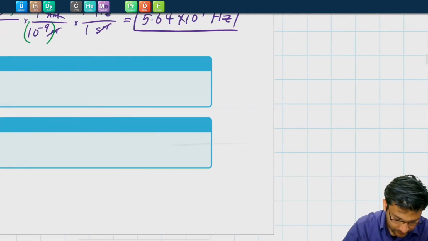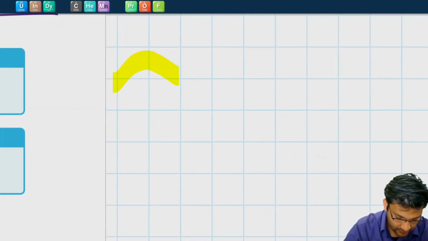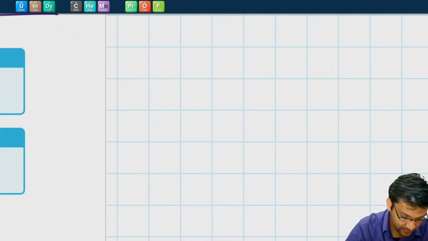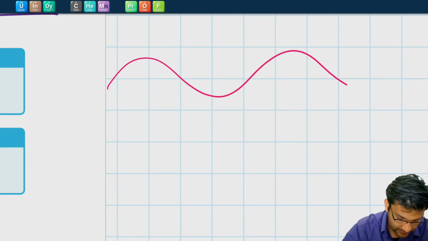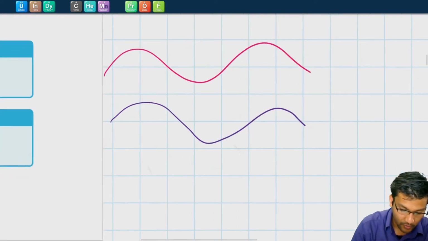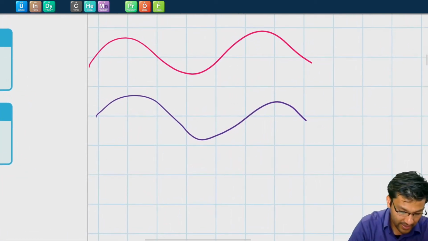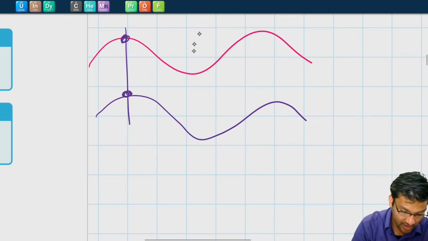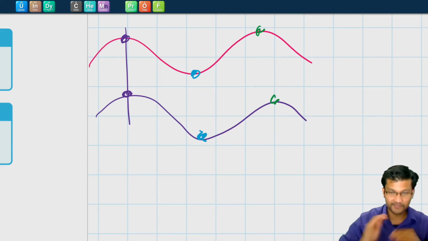So we're going to have one wave. Let's use a different color there. One wave, and then next to it, we're going to have another wave that's meeting up with it. Well, the way waves work is that if two waves line up such that their crests line up and their troughs line up, then the crests are going to add up.